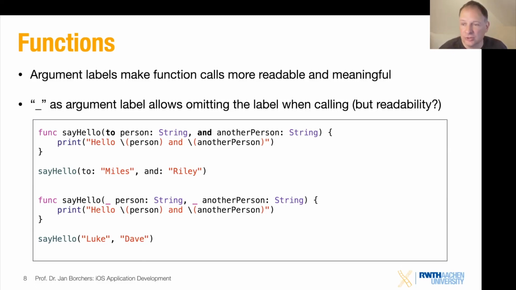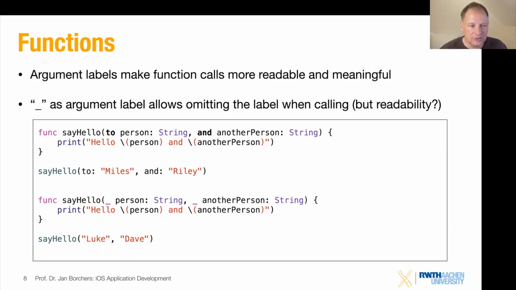That's how you would say this, in everyday language. And that's exactly what you can do with Swift. Because Swift lets you give another label, called an argument label, to your parameter. And that argument label is something that you will actually only use when calling that function. It's not used inside the function body. There you use the parameter name, like person, for example. But when somebody calls that function, they can use the argument label instead.